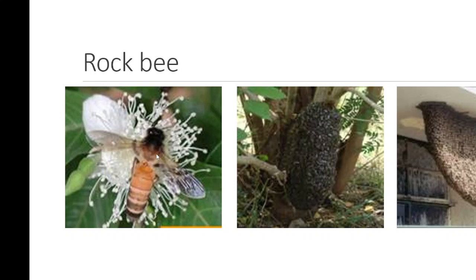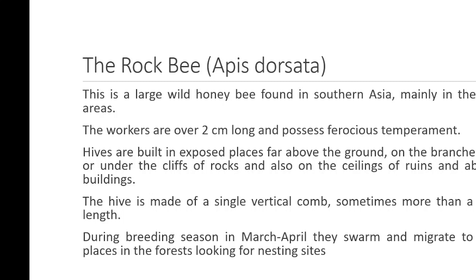As far as the rock honeybee is concerned, they are comparatively larger and more ferocious or aggressive than other species of honeybee, and their length is nearly 2 centimeters. They usually build their hive in exposed places far above the ground.